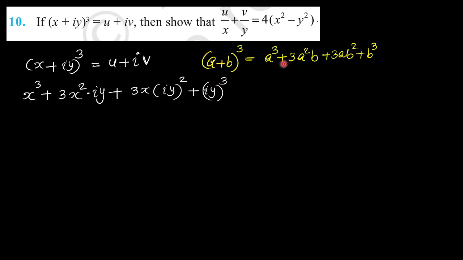I use this identity: a is x here, b is iy here. So a cube plus 3a square b plus 3ab square plus b cube. Right side is the same thing, u plus iv.